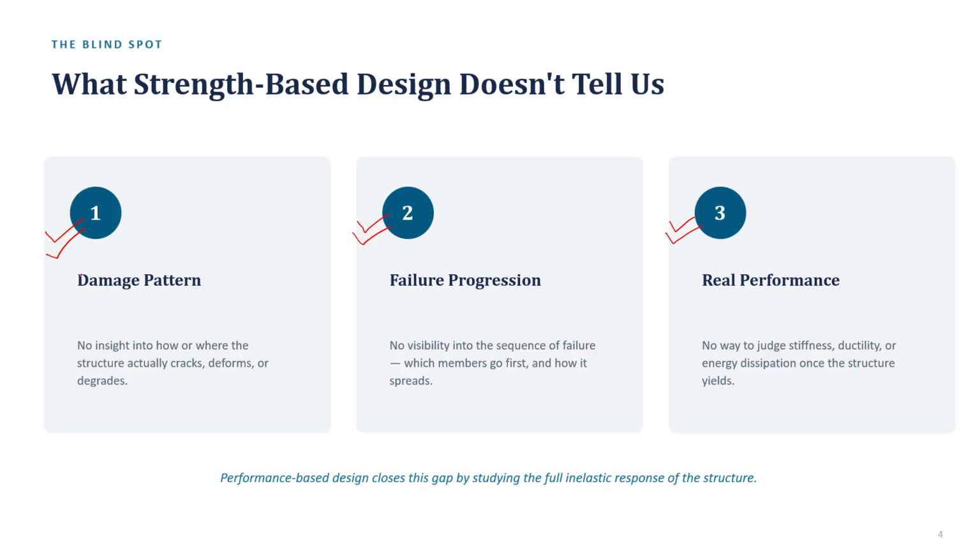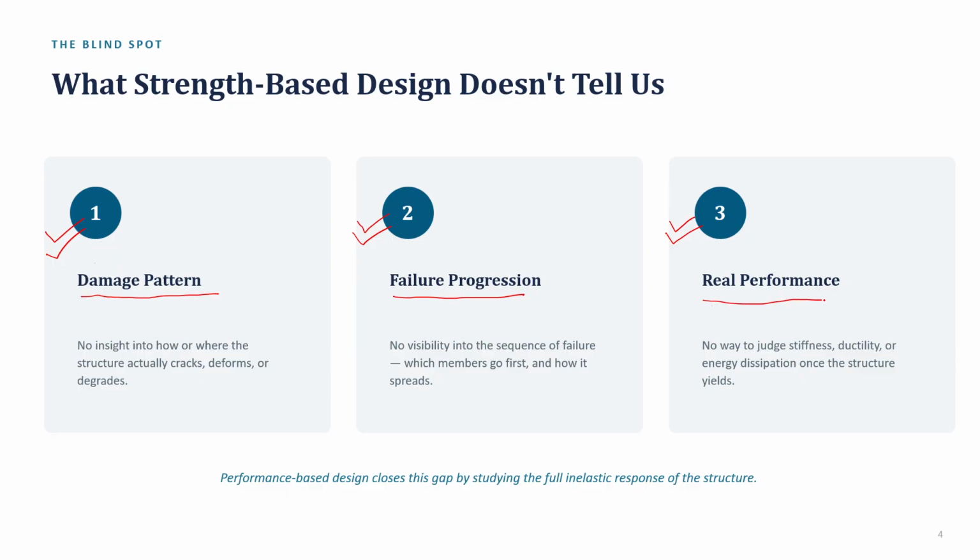So here you can see damage pattern, means we have no idea how the structure is actually going to deform or degrade. Failure progression, we have no visibility of how the structure is going to fail, which member is going to fail first, and how the failure progresses.